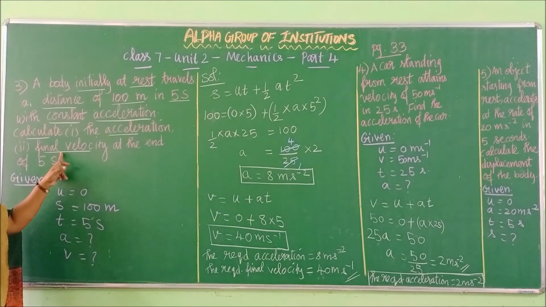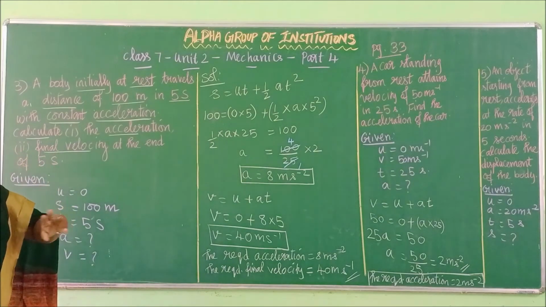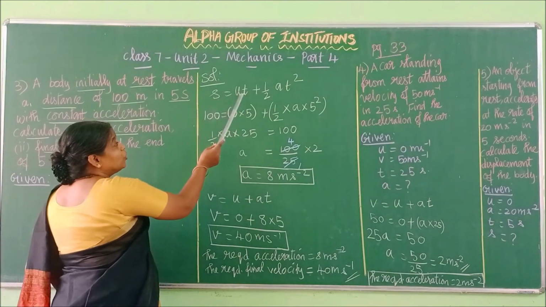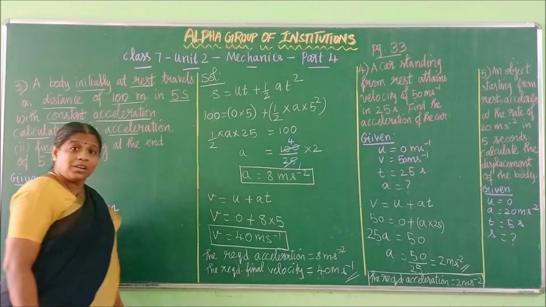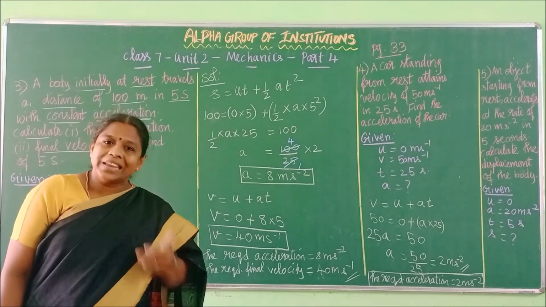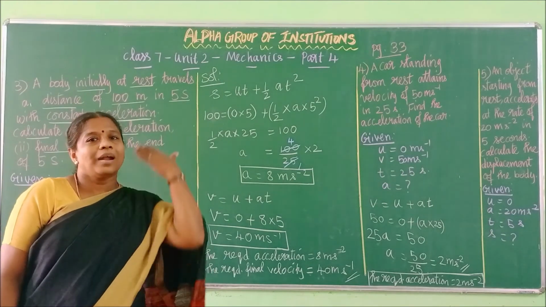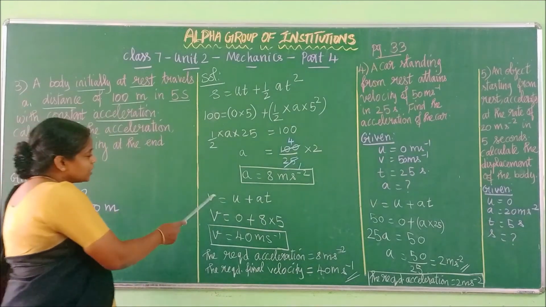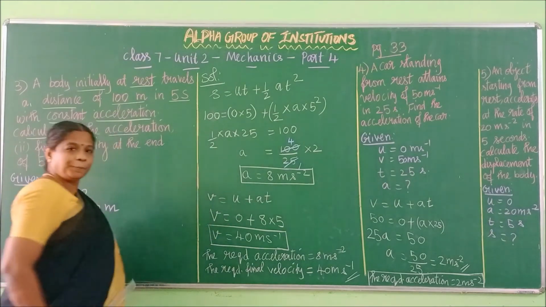Find the velocity. In your second equation, what is your second equation? S is equal to ut plus half at square. Does it contain the final velocity term? No. But we need final velocity, so automatically we need to switch over to the first equation. So v is equal to u plus at.